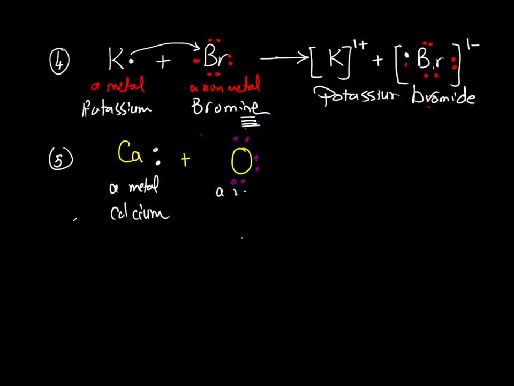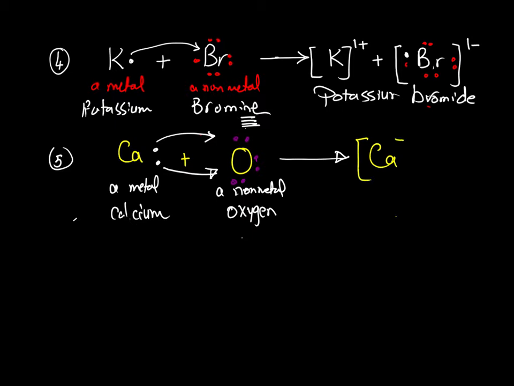A non-metal, oxygen. How do they bond? Losing and gaining of electrons. Calcium will lose 2 electrons to be stable, lose its valency electrons, making an ion with a charge 2 plus. We call it calcium ion.